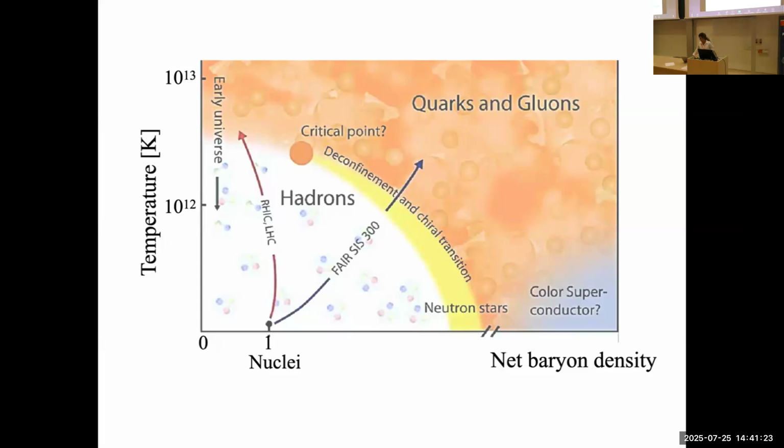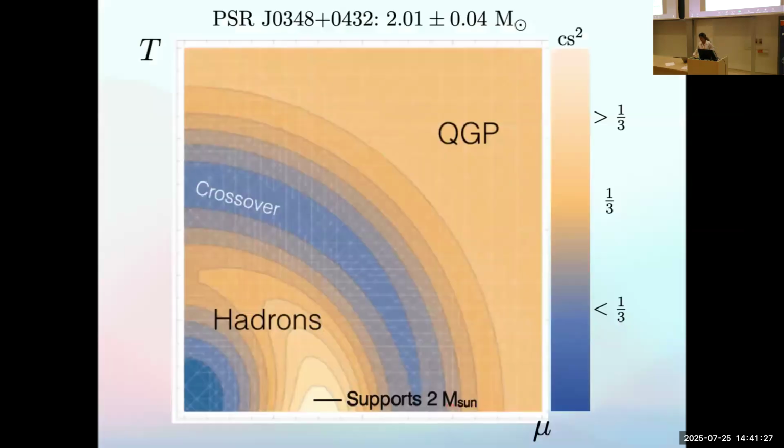So in other words, regarding the instability, the speed of sound is what I want to show. In hadronic matter, you see values of the speed of sound squared less than 1/3. And from the asymptotic value of quark-gluon plasma, we know that this reaches the value of 1/3.